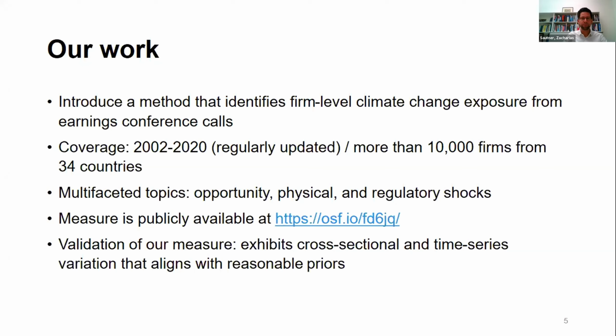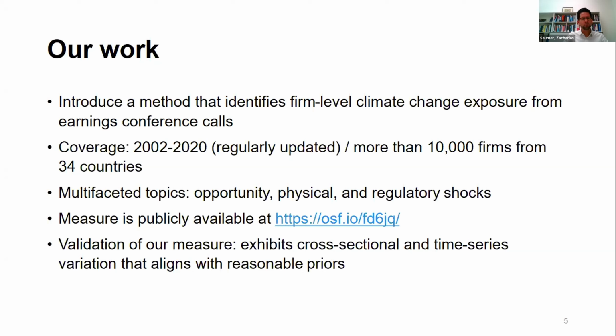We're regularly updating it. It's available for more than 10,000 firms in the cross-section from 34 different countries. And we create a measure of exposure that allows researchers to separate opportunity, physical, and regulatory shocks related to climate change. If you want to use the measure, it's available publicly.